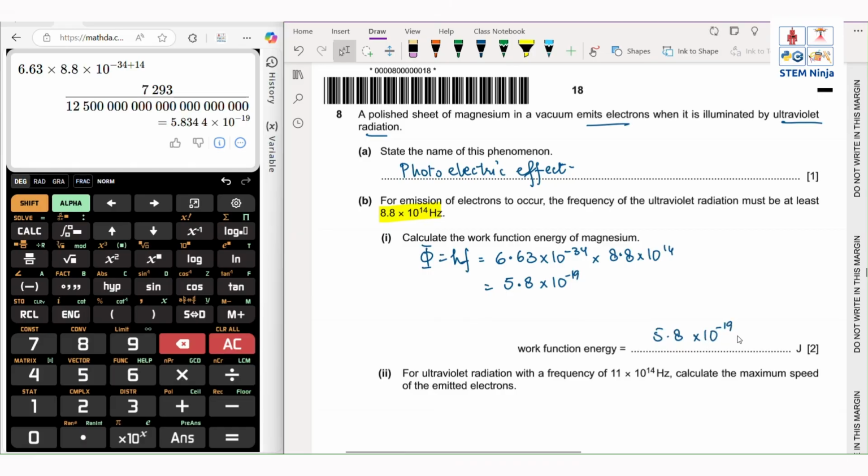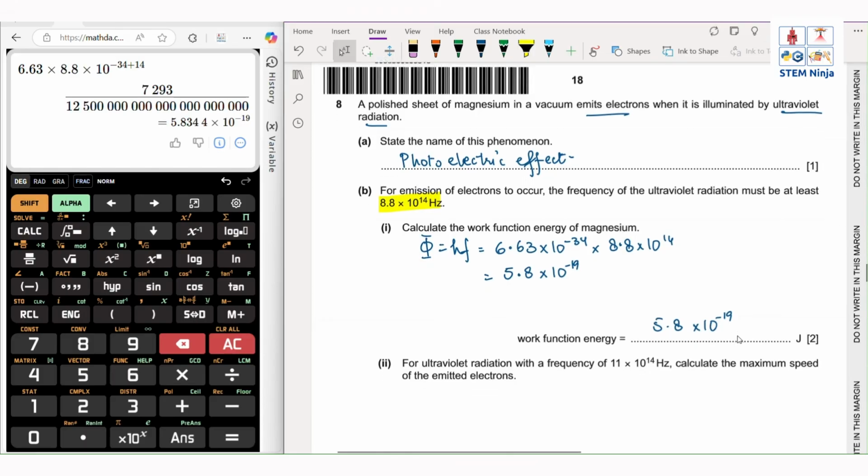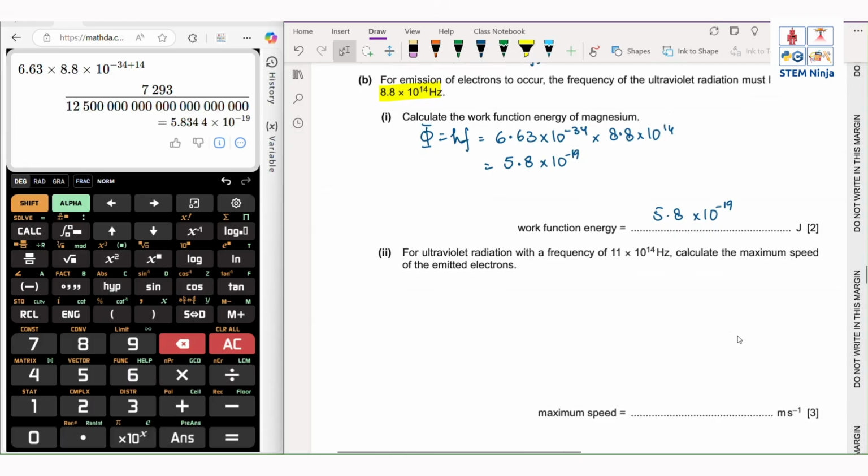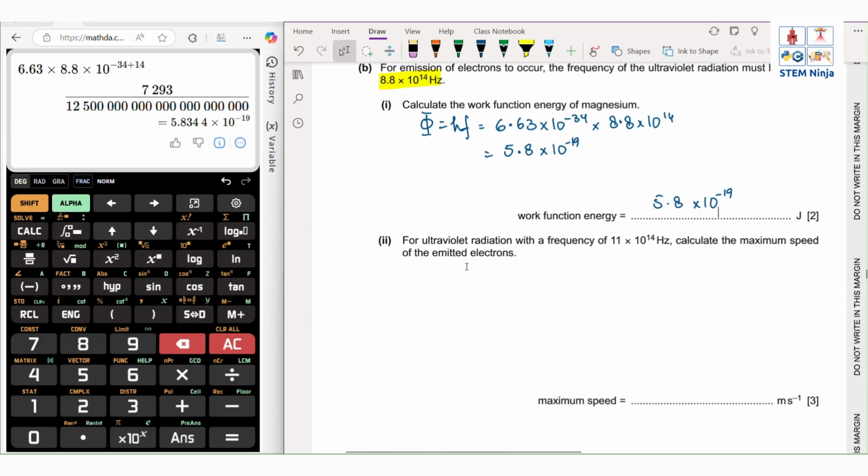For ultraviolet radiation with a frequency of 11 × 10^14 hertz, calculate the maximum speed of an emitted electron. So how do we actually find this? This is related to the kinetic energy. E max is hf minus the work function energy, the difference between the energy of the photon and the work function energy.